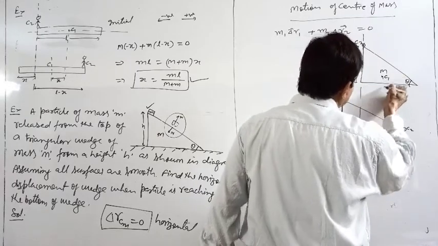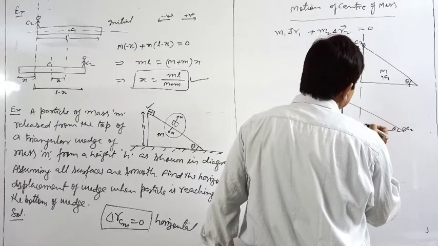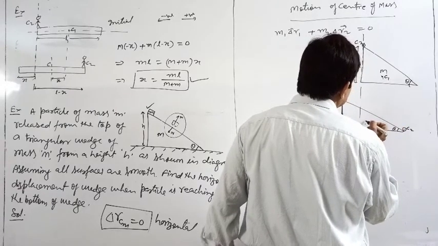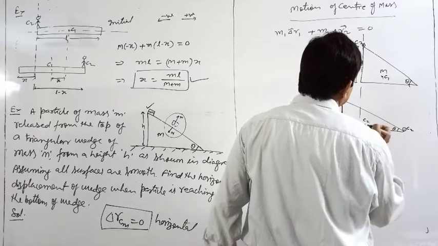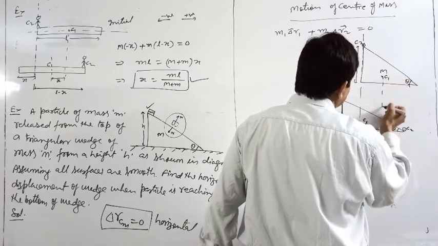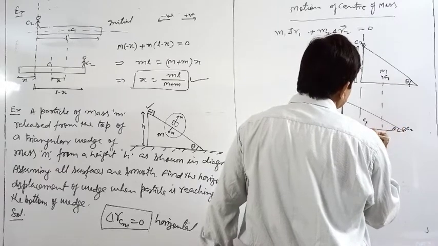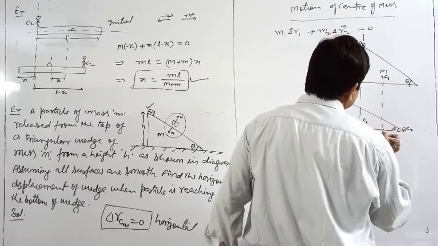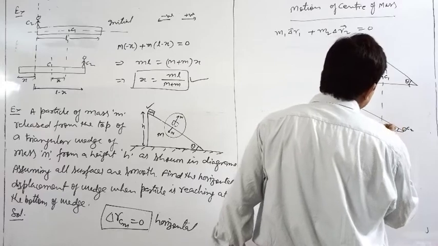C1 earlier was here, now it is somewhere here. How much displacement? x, in which side?